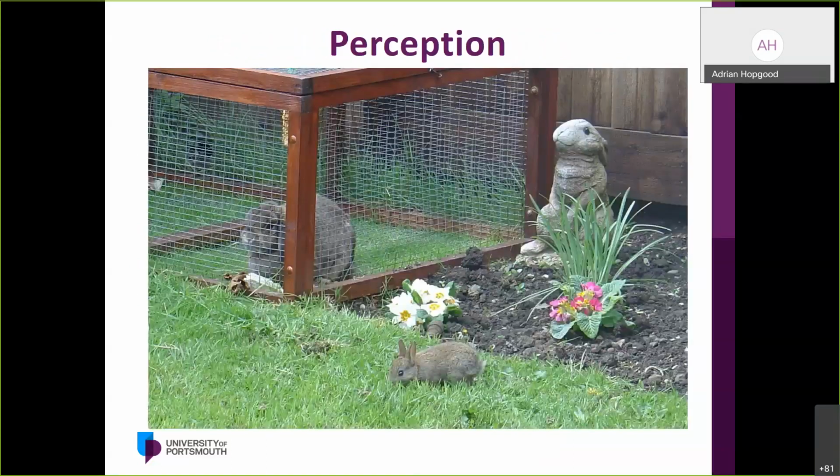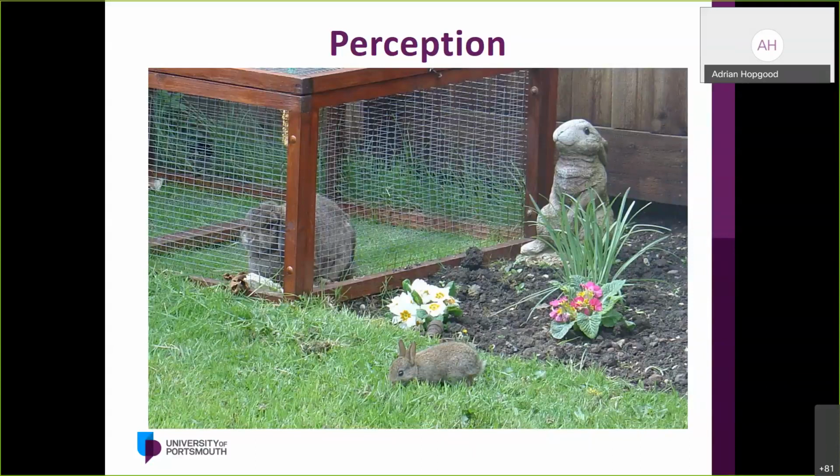But as I say, some of the more tricky areas are around perception. So if you look at this photograph, which I was very proud to take in my garden, you sort of start to get a sense of that. If you look at that image, and I'll talk a little bit later about neural networks for interpreting images like this, it's actually not straightforward at all for a computer system to recognize what's going on there, even if you can relatively easily build a computer system that encapsulates key areas of expertise around the law or government.